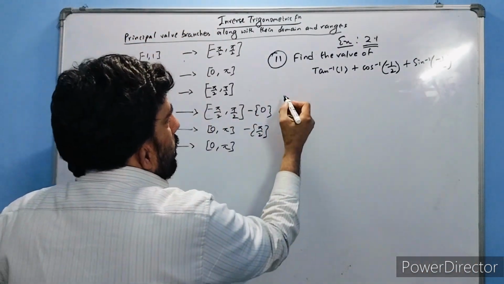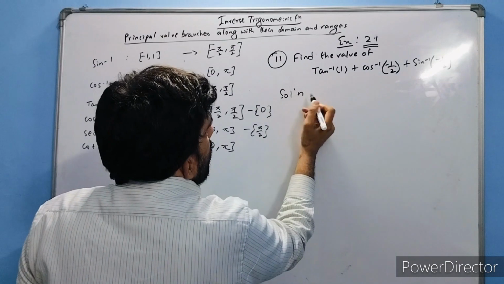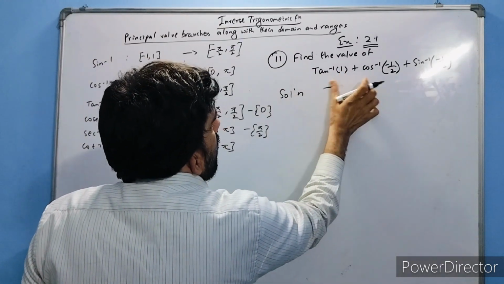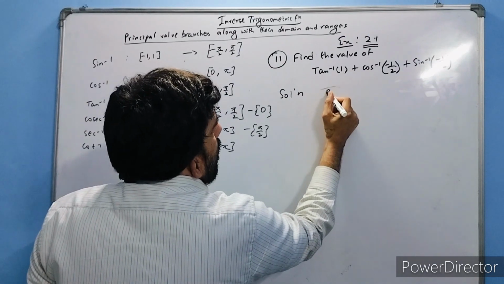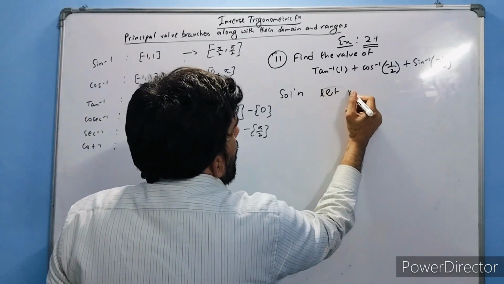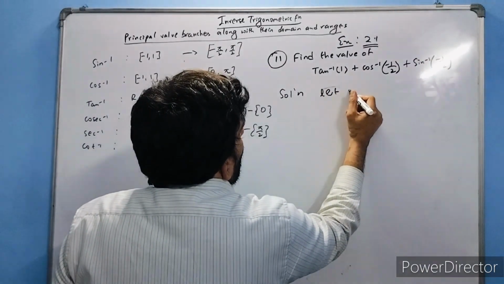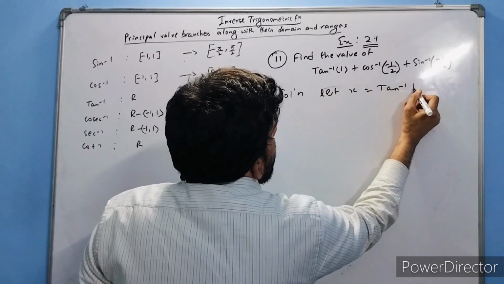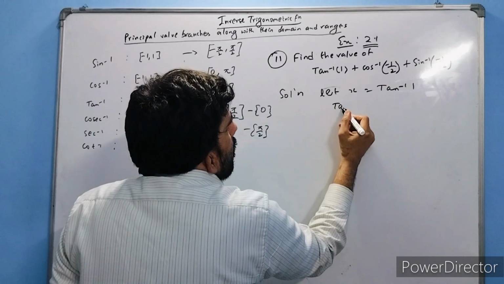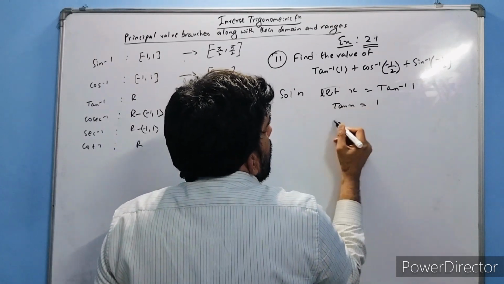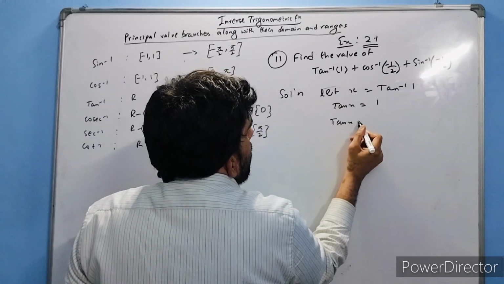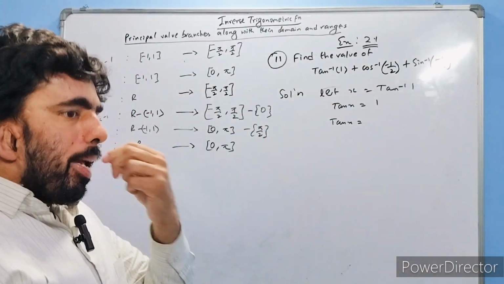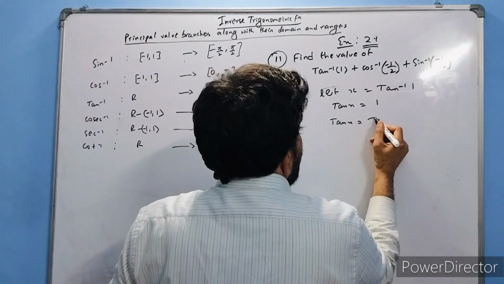First we will find this value. Let x is equal to tan inverse 1. We can take tan x is equal to 1, so tan x is equal to tan pi by 4.